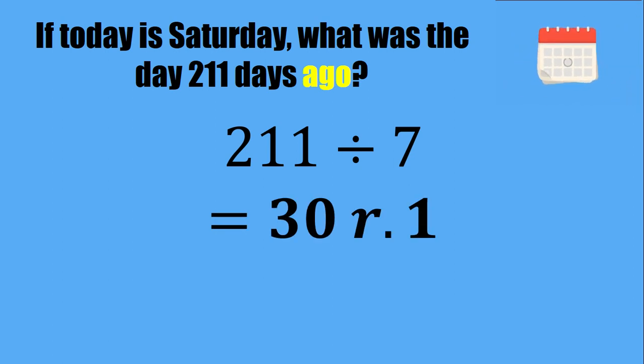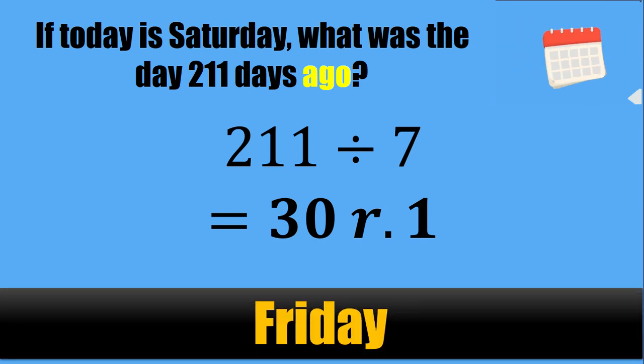In this case, the keyword here is ago. So therefore, we're looking for the day 211 days before that Saturday. That's why the remainder 1 will be subtracted. We're going to have 1 day backwards from Saturday, and the answer here is Friday.